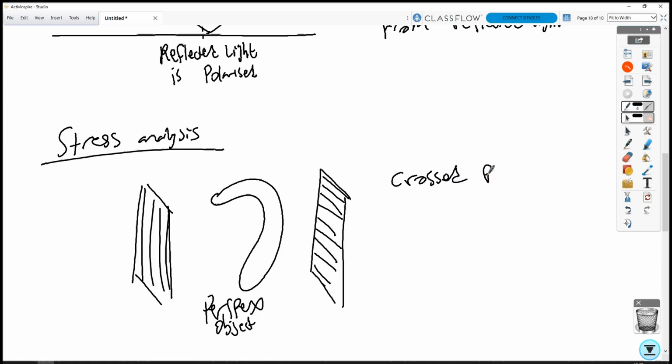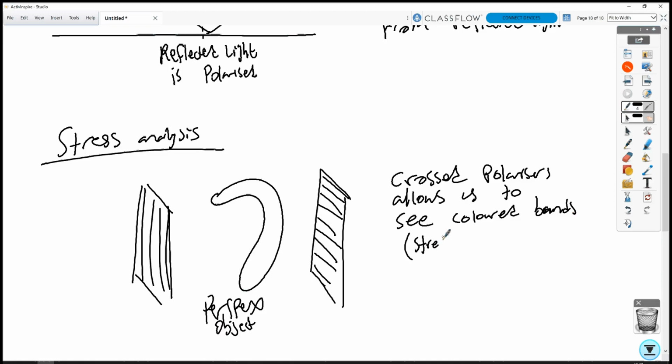So crossed polarizers allow us to see colored bands. So you'll see like a rainbow effect. And the rainbow effect will be sort of bent around certain places, showing the parts of the object that are under stress due to the bending. Which we call the stress lines.